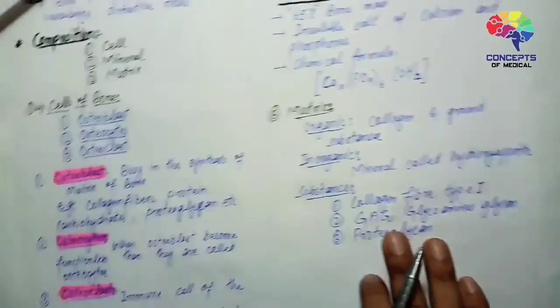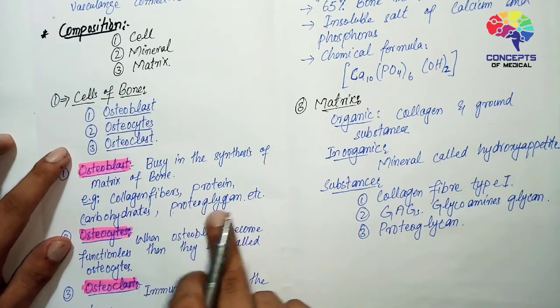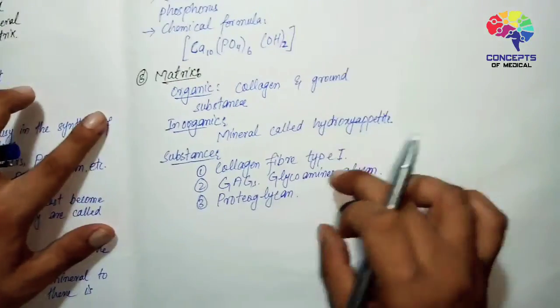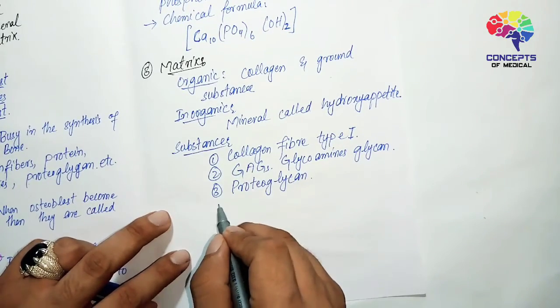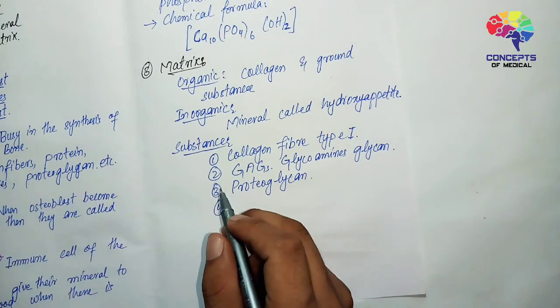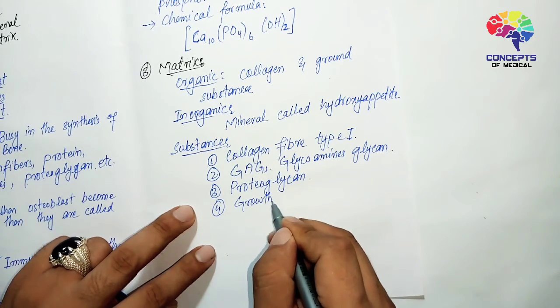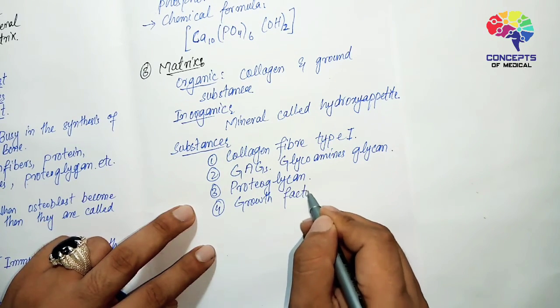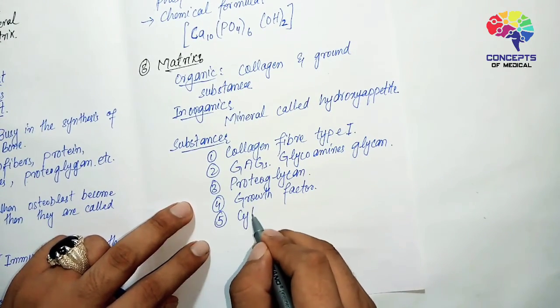I've told you that osteoblasts synthesize proteoglycans and all these, so all these substances are synthesized by the osteoblast cells of the bone, right? Another is the growth factor, and the last one is the cytokines.